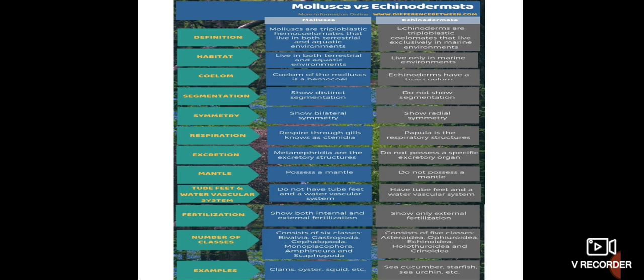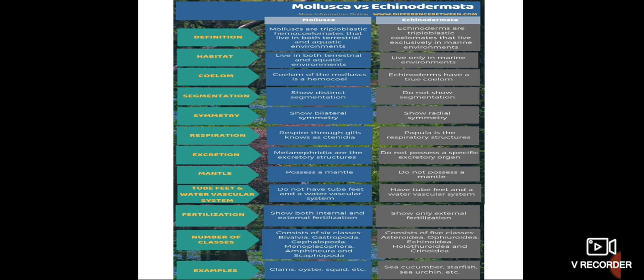There are gills known as ctenidia in molluscans for respiration, whereas papulae are the respiratory structures in echinoderms. Metanephridia are the excretory structures in molluscans. No specialized excretory organs in echinoderms. Molluscans have a mantle. There is no mantle in echinoderms.